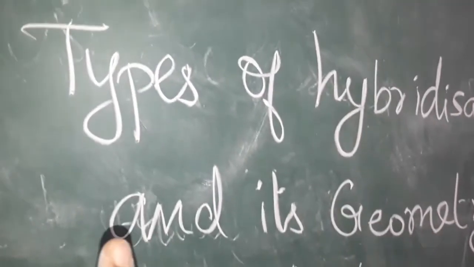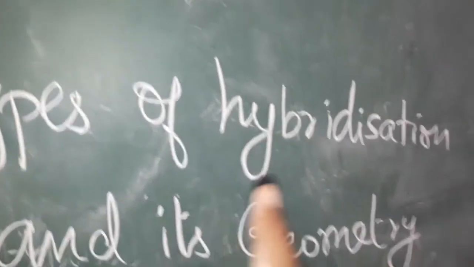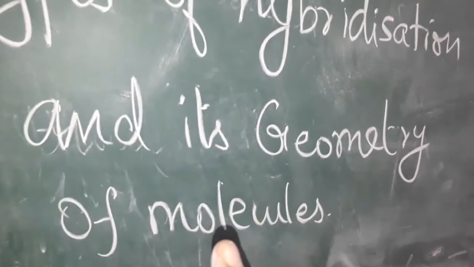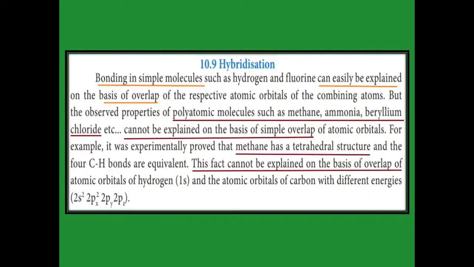Now we are going to see in this video the types of hybridization and the geometry of molecules. Polyatomic molecules such as methane, ammonia, beryllium chloride, etc., have structures that cannot be explained on the basis of the simple overlap theory we studied in our previous video.